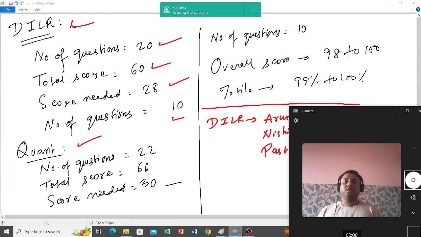Now, the strategy for preparing for the quantitative part should be more on pattern recognition. When you see a sum in CAT, you should recognize that this particular sum falls in a particular pattern. For example, in the profit and loss chapter, there is a specific type called the dishonest shopkeeper. So when you see a sum based on it, you know how to solve that.